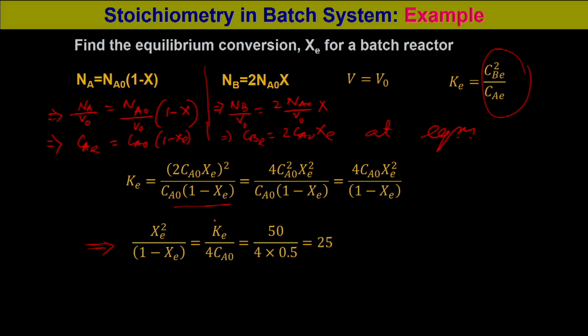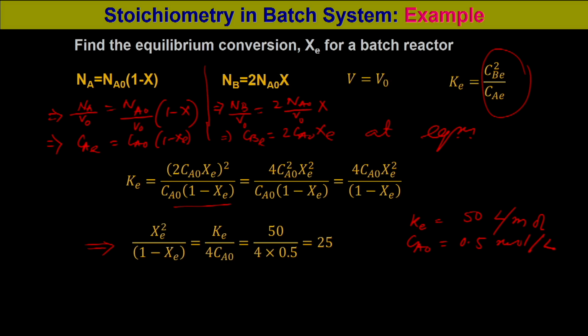Now Ke is given as 50 liter per mole, and Ca naught is given as 0.5 mole per liter.